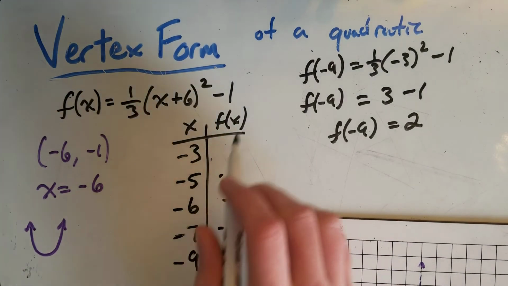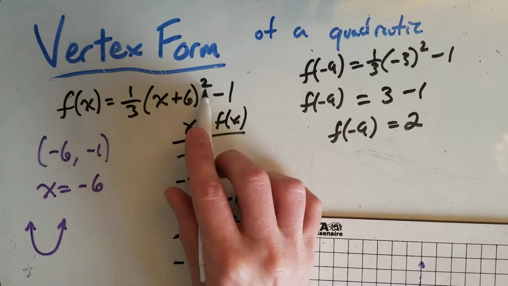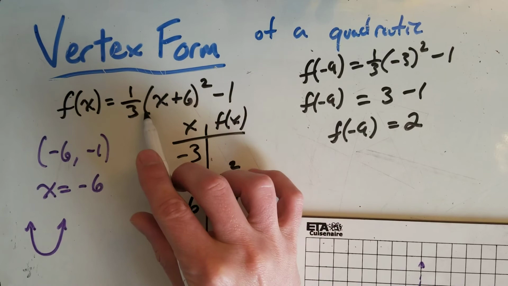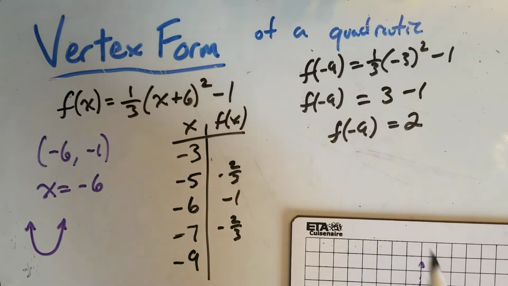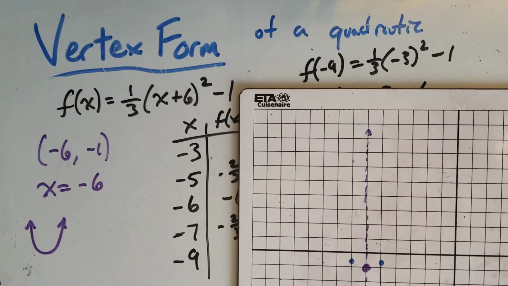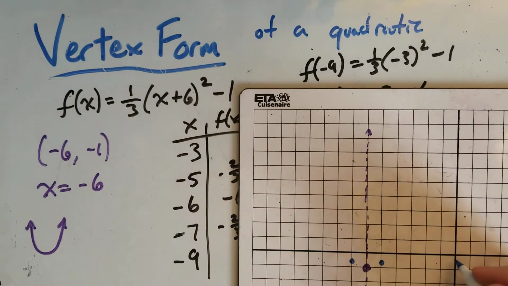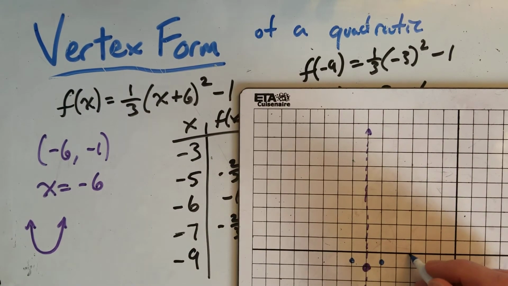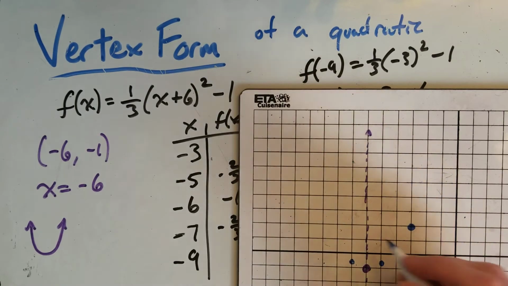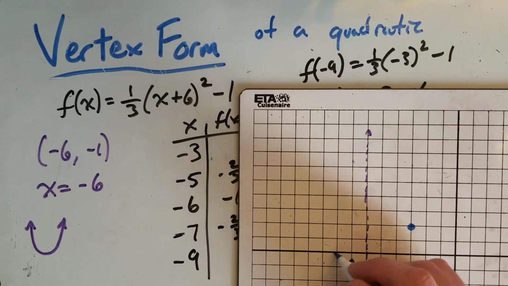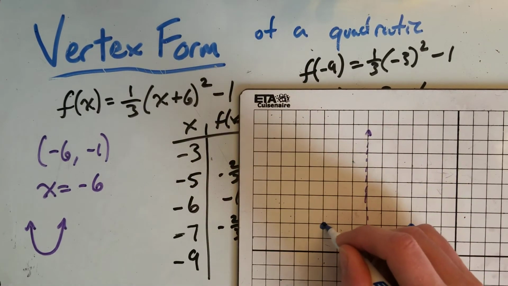And if you were to have put a 3 in here instead, you'd end up with 3 squared, which is 9 times 1/3, which is 3 minus 1. You're still going to get the 2. So when we have -9 and -3, we have an output of 2.